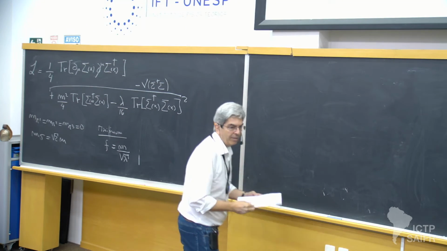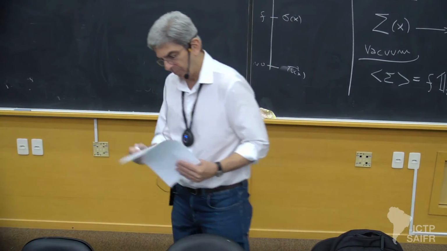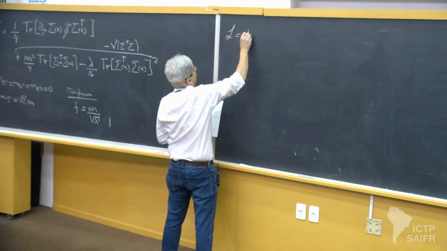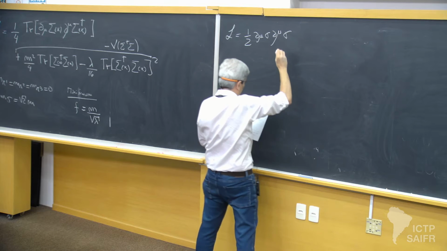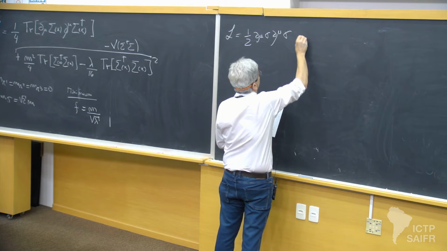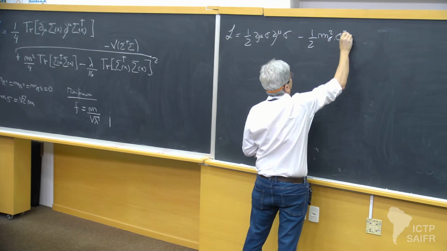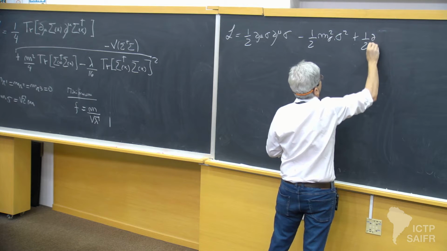So the Lagrangian I wanted to show you is just the same Lagrangian, but now it looks really funny because, of course, it's d mu sigma, d mu sigma, and of course I'm going to have, well, maybe I can put the mass of the sigma, sigma square. Then I have, of course, the kinetic term for the pions.